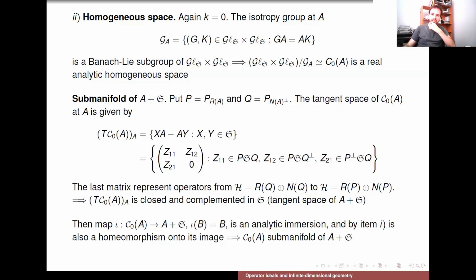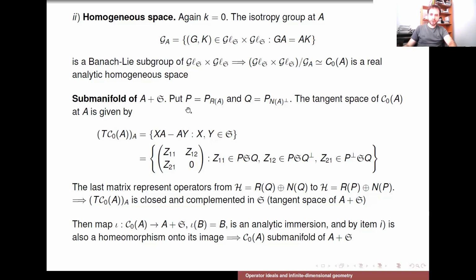Then, to understand the submanifold structure, we put here P, the projection onto the range of A, and Q, the projection onto the complement of the null space of A. The tangent space at the operator A can be computed as follows. This is XA minus AY.